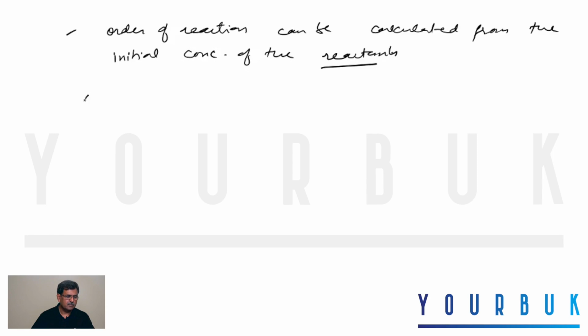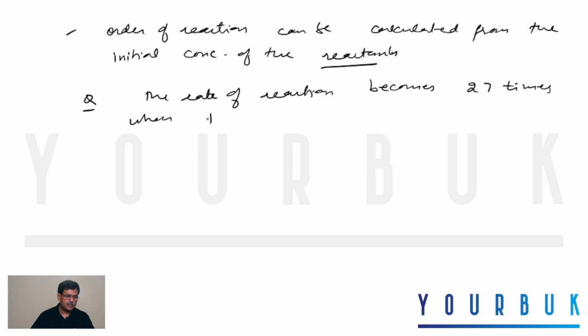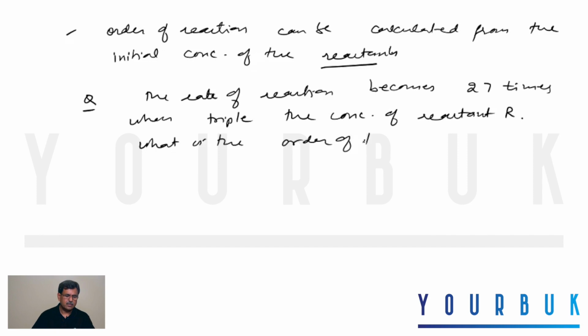Now, for example, the rate of reaction becomes 27 times when we triple the concentration of the reactant R. The question is, what is the order of the reaction?